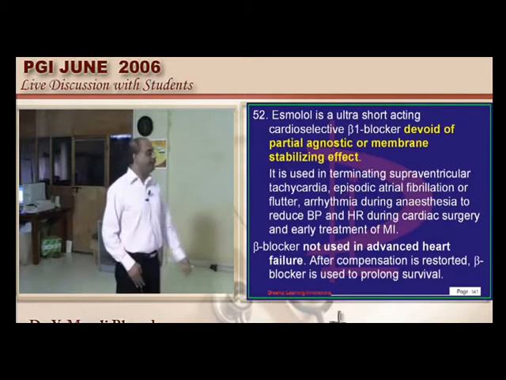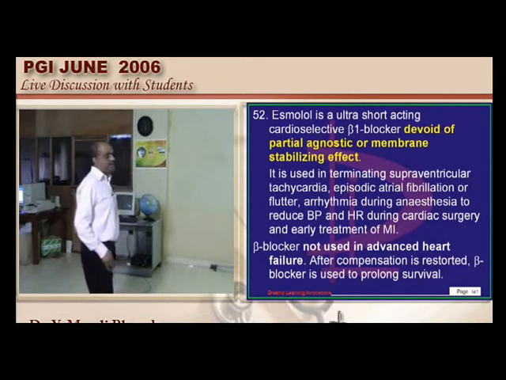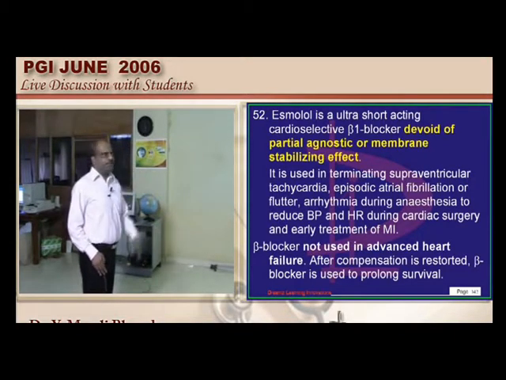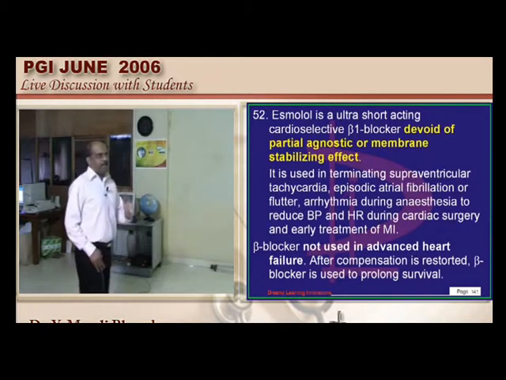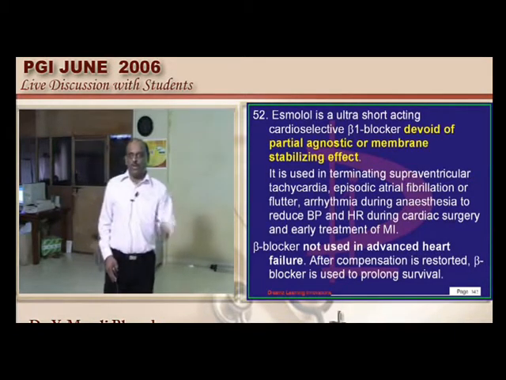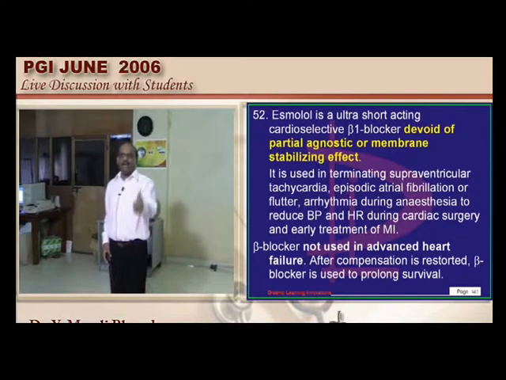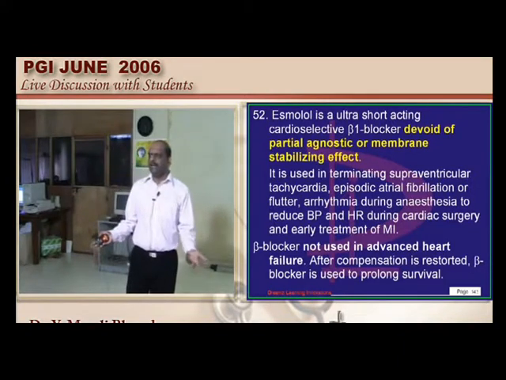Common question in the exam. So esmolol is the drug used for terminating supraventricular tachyarrhythmia. Similarly for episodic atrial fibrillations and also any arrhythmia coming at the time of anesthesia, esmolol is the one you give. What is the advantage of esmolol compared to any other drug, doctor?